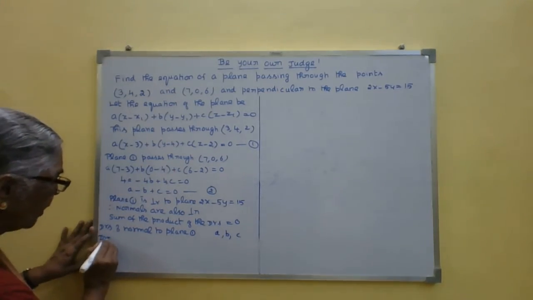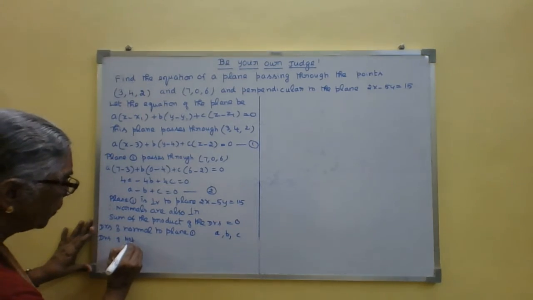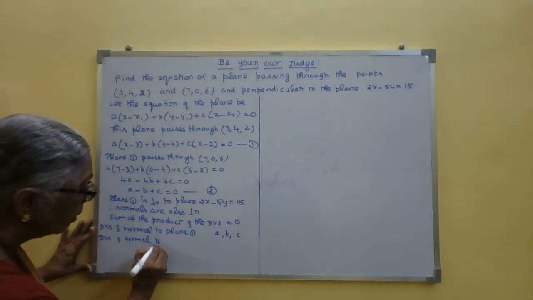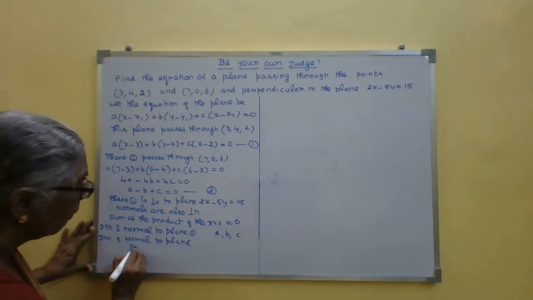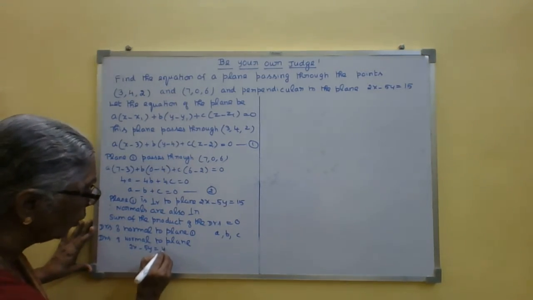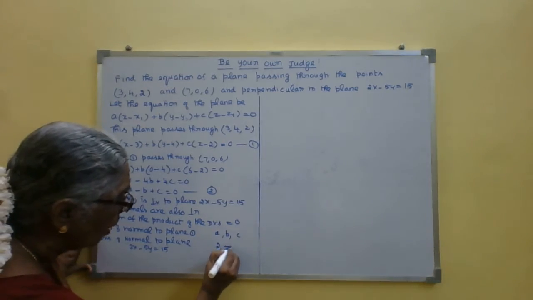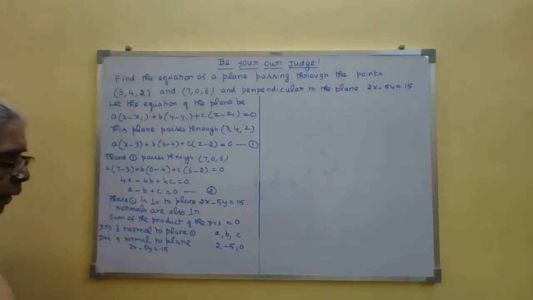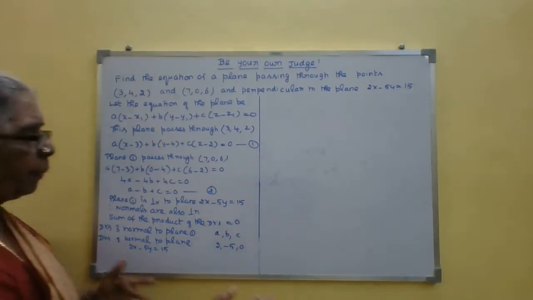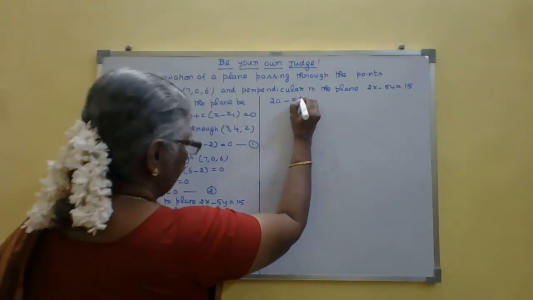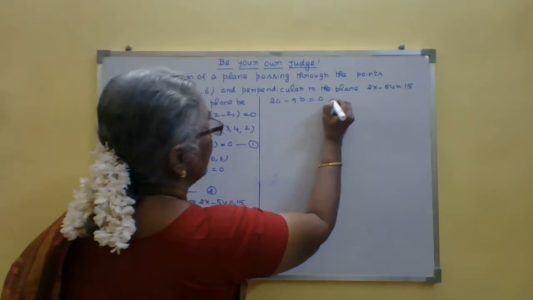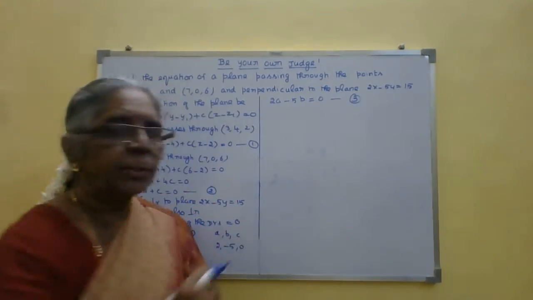Let us write drs of normal to the given plane, that is 2x minus 5y is equal to 15. That will be 2, minus 5, 0. Now let us use the sum of the product of the drs. That gives me 2a minus 5b, that is equal to 0. Let me mark this as equation 3.